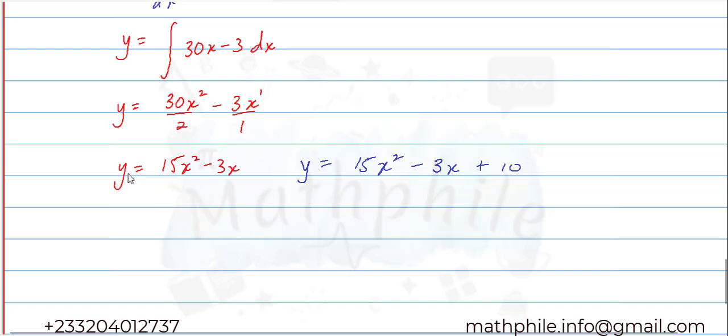The only difference is that this has a 10 over here, but this does not. That is because whenever you differentiate a function, the constant always goes to 0. So as a result, when you integrate a function, we always need to tell the examiner that even though this looks like the answer, there is always a possibility of a constant that was differentiated and went to 0.